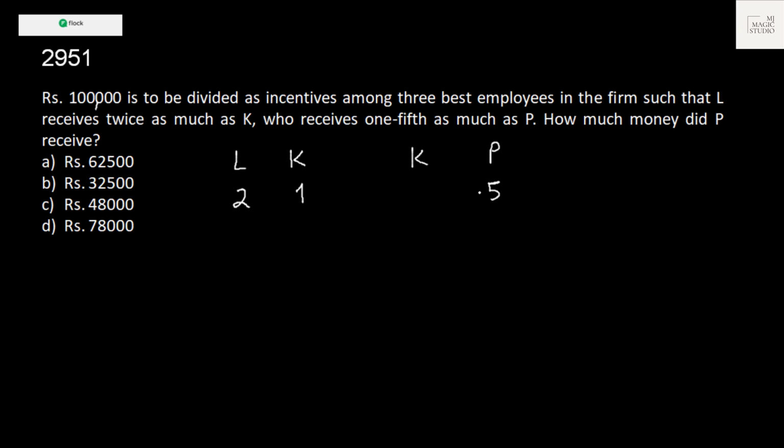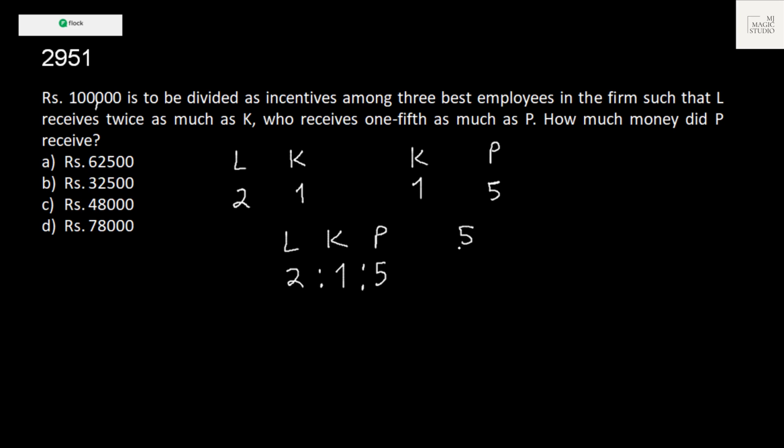If P receives 5, then K receives 1/5 of P, that is 1. So if we combine this, LKP, we will get this in the ratio of 2:1:5. If P have received 5, K will receive 1/5, that is 1. And if K have received 1, then L will receive twice of K, that is 2. So ratio of distribution is 2:1:5.